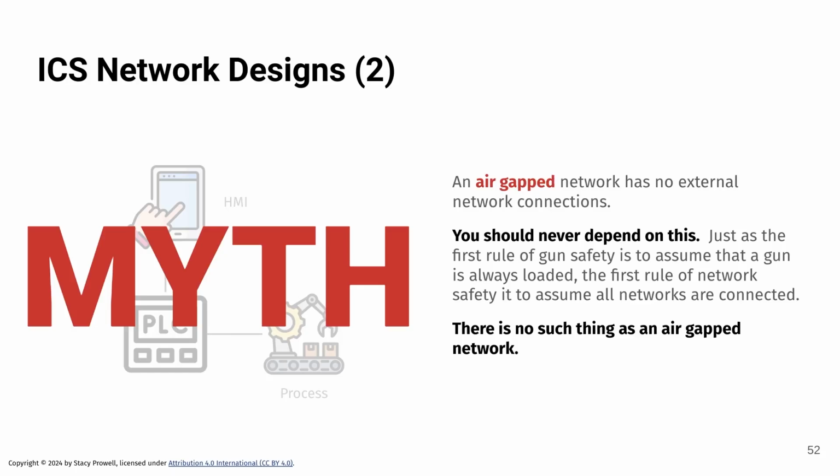You should assume air gapping is a myth. You'll still need protection on it, even though it's quote-unquote air-gapped. Never depend on it. The first rule of gun safety is to assume a gun is always loaded. First rule of network safety is to assume all your networks are connected. So the thing to know about air-gapped networks is there's no such thing as a truly air-gapped network.